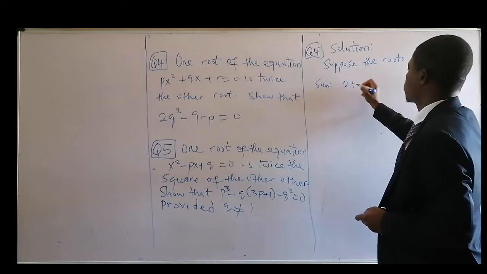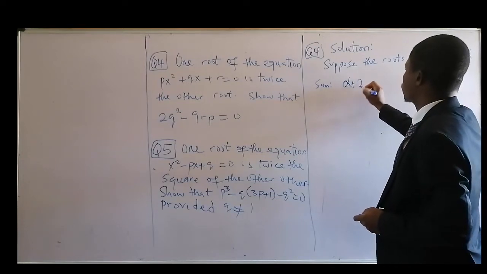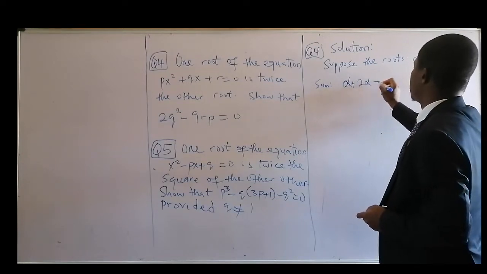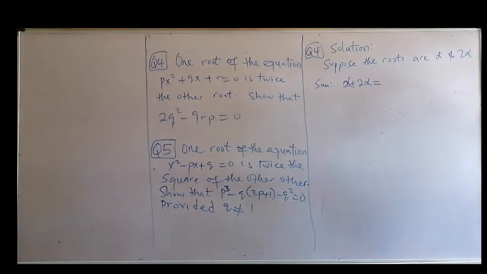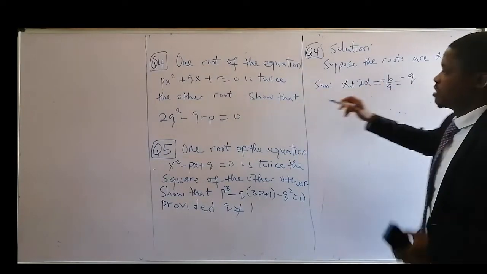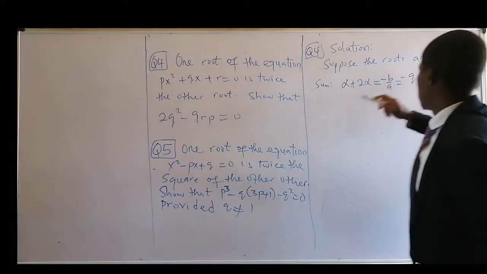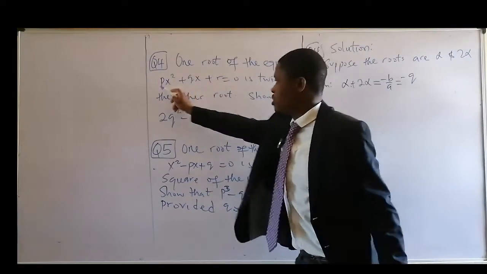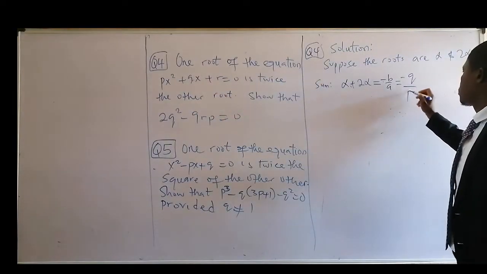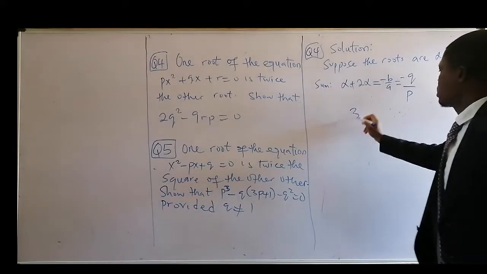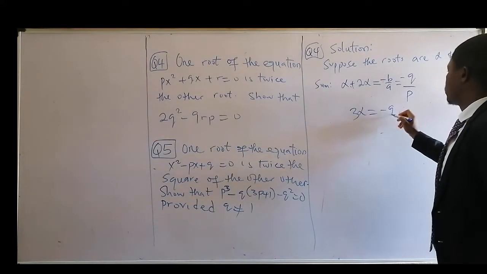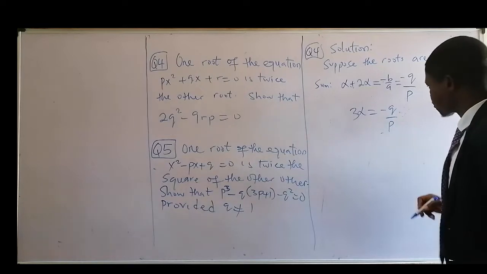That will be alpha plus 2 alpha equal to minus b over a. B is q, and my a is p. So that will be 3 alpha equal to minus q over p.